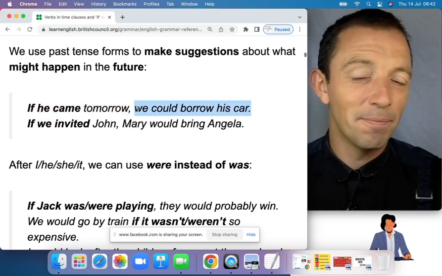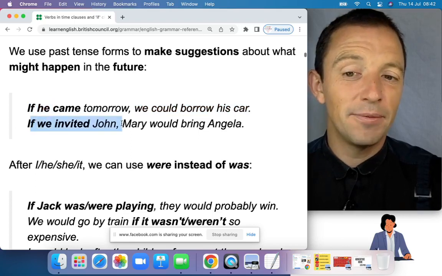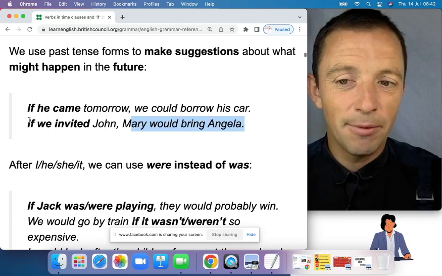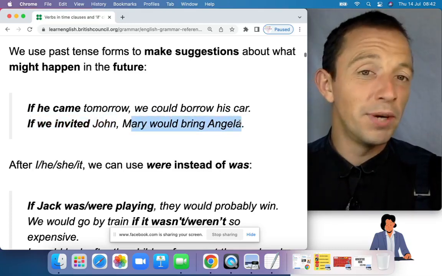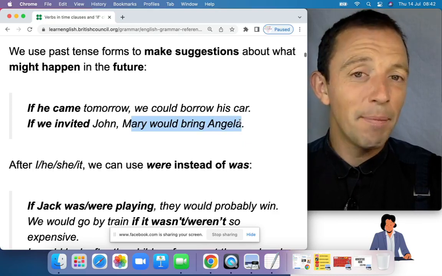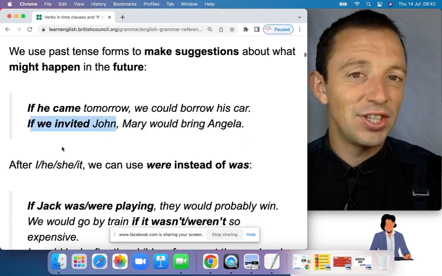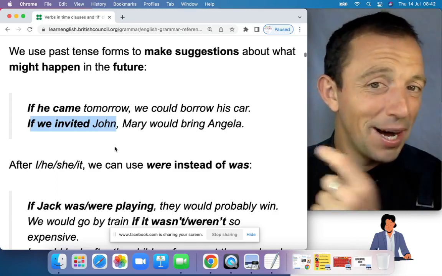We could borrow his car. Okay, again, this is the conditional clause plus the principal clause. If we invited John, Mary would bring Angela. That would happen. But it's a suggestion for the future, but we're using the past verbal tense.